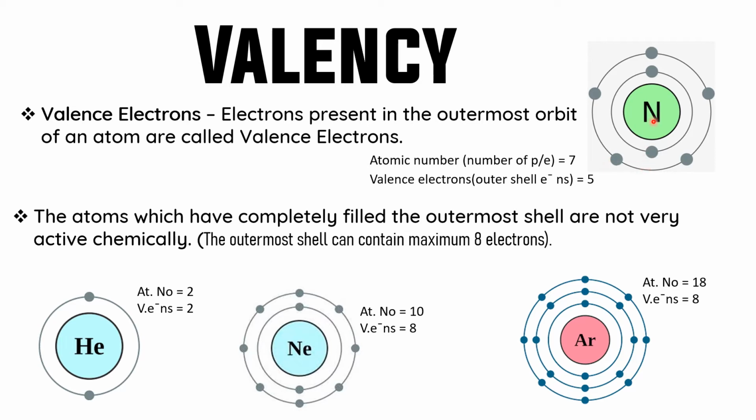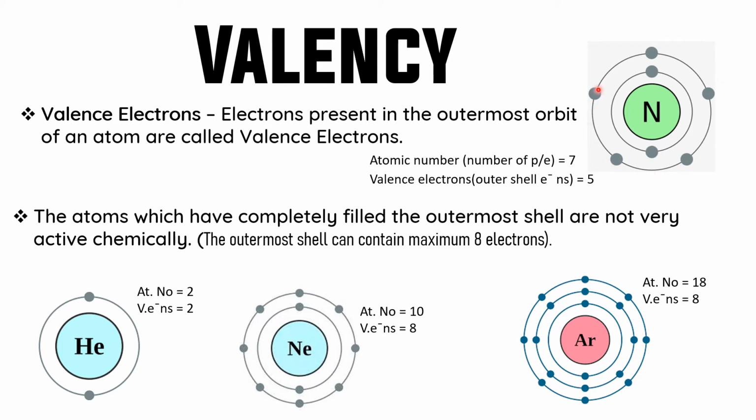Okay, so in nitrogen, the first K shell has 2 electrons, then the second shell has 1, 2, 3, 4, 5. So total, first shell 2, second shell 5, so total 7. And valence electrons means the outermost orbit.